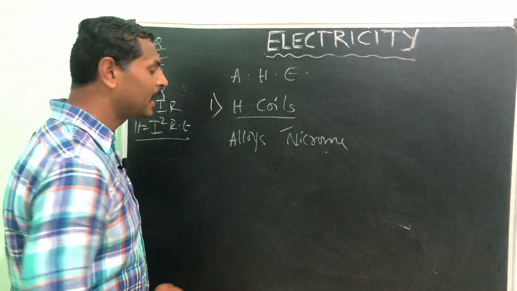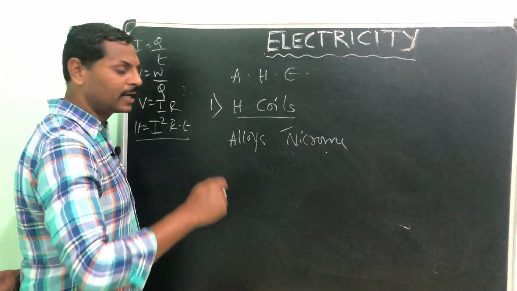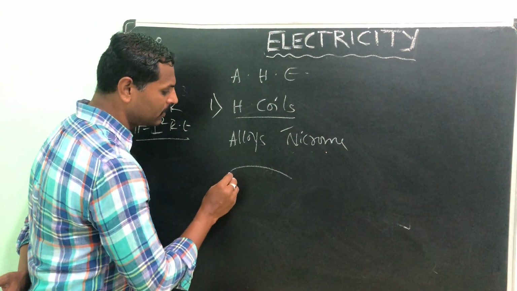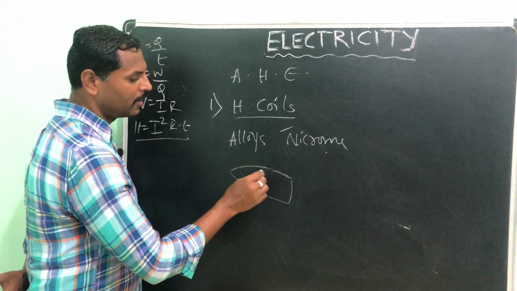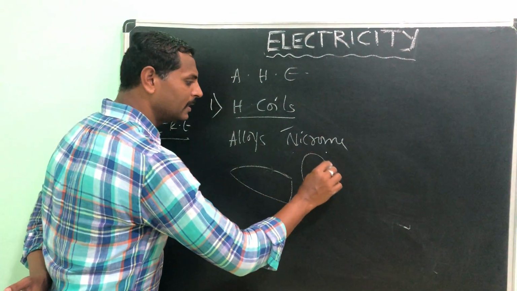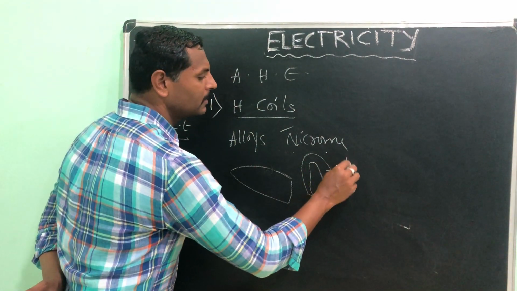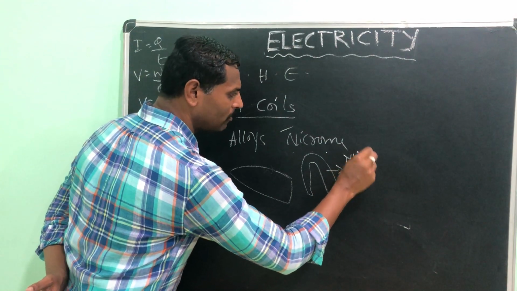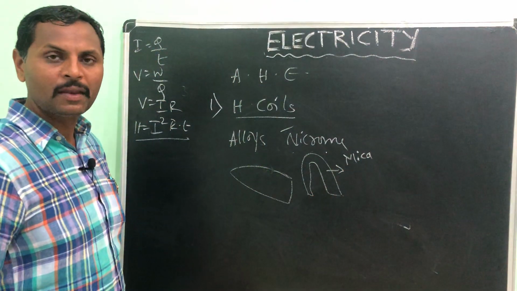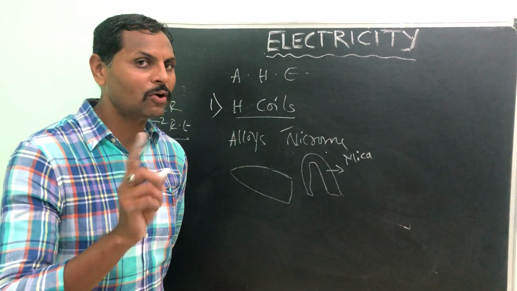You can see in an iron box a structure like this. This is the base, which is a metal one, and on this we can see a thin paper. You can open it and check. That paper is called mica. We have studied this in the lower grade also. Mica is a substance which allows only heat to pass through it, not the current.